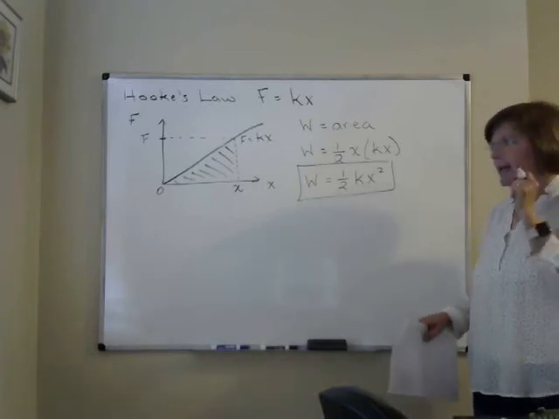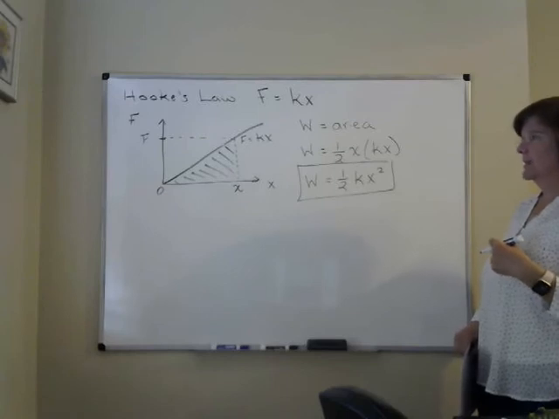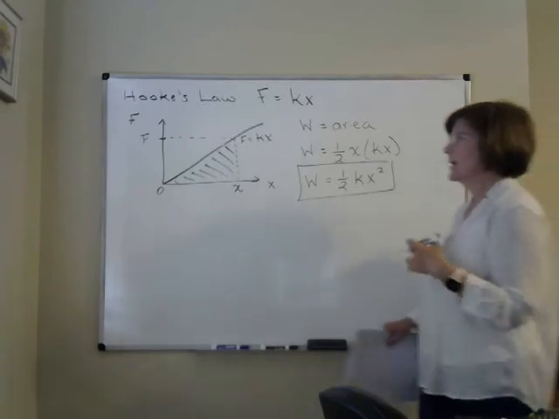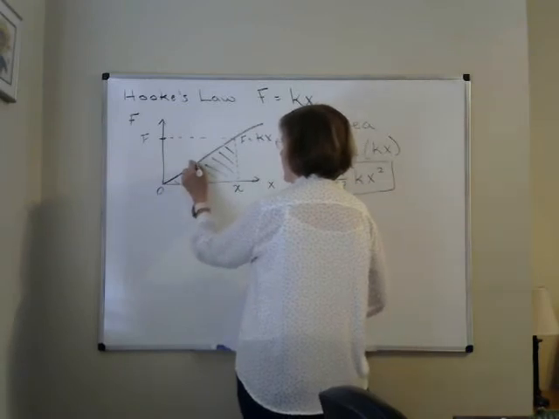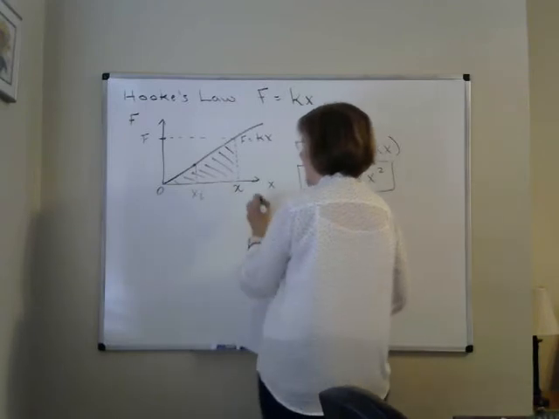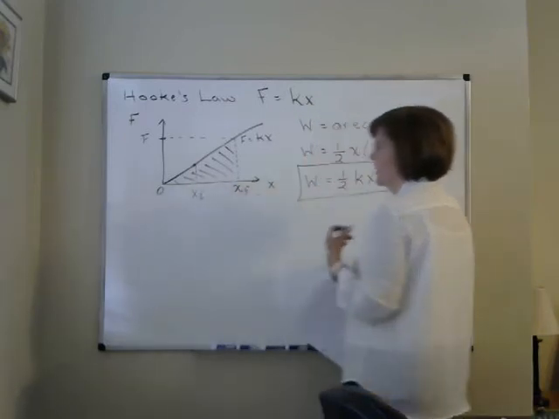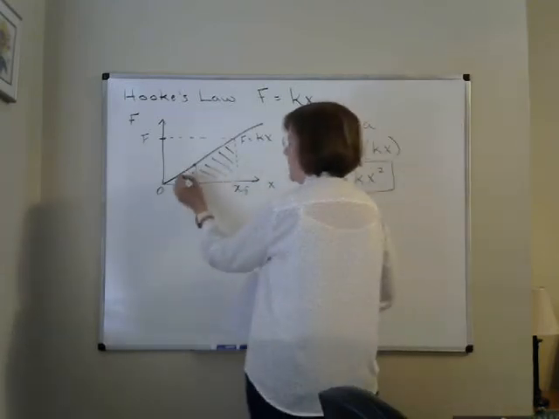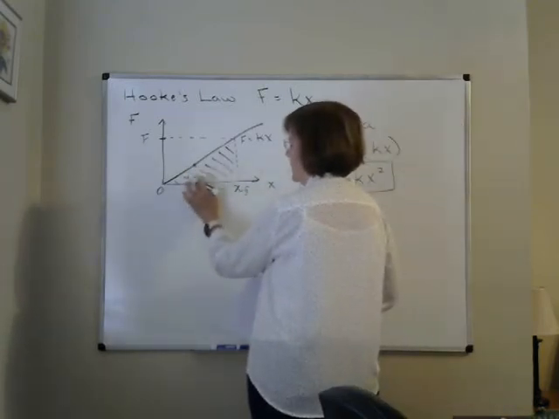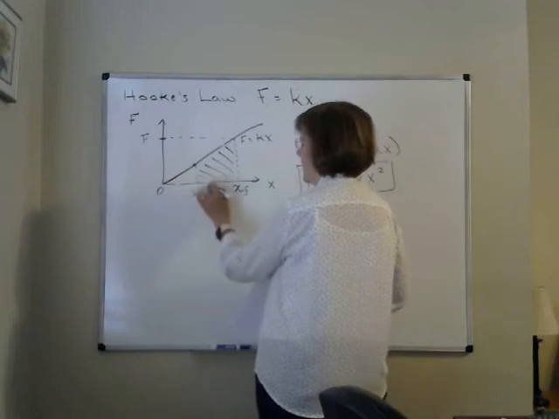Now, if the initial position wasn't 0, what if you just wanted to know the work to move from here, call it XI, to here? In this case, we would subtract off this work right here. We just want to go from here to here.